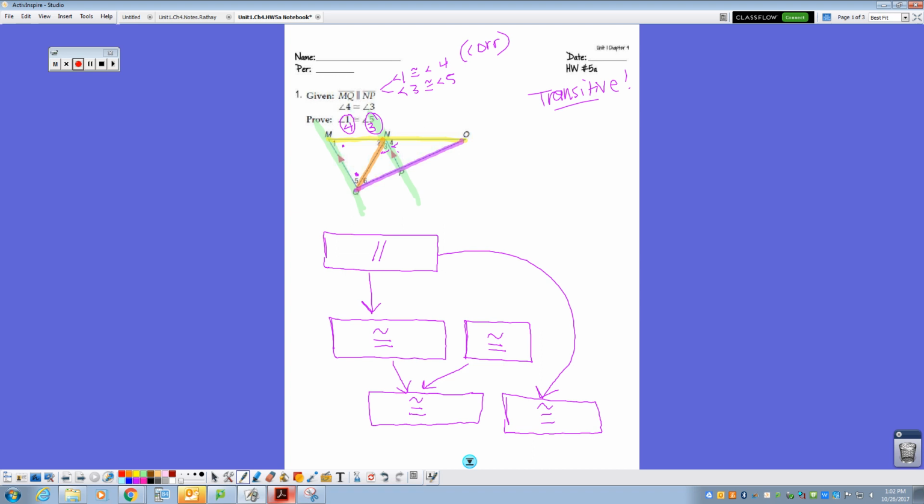Those are alternate interior angles, which means that they are congruent. So there's my reason. And now, since I have 1 is congruent to 3, and 3 is congruent to 5, I can link those together, and I'm left with 1 is congruent to 5. And when we link, our reason is transitive property, not substitution.